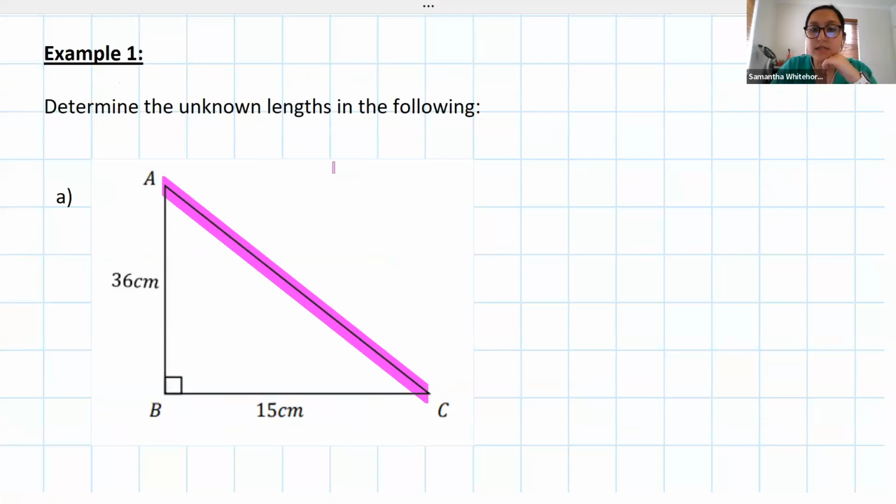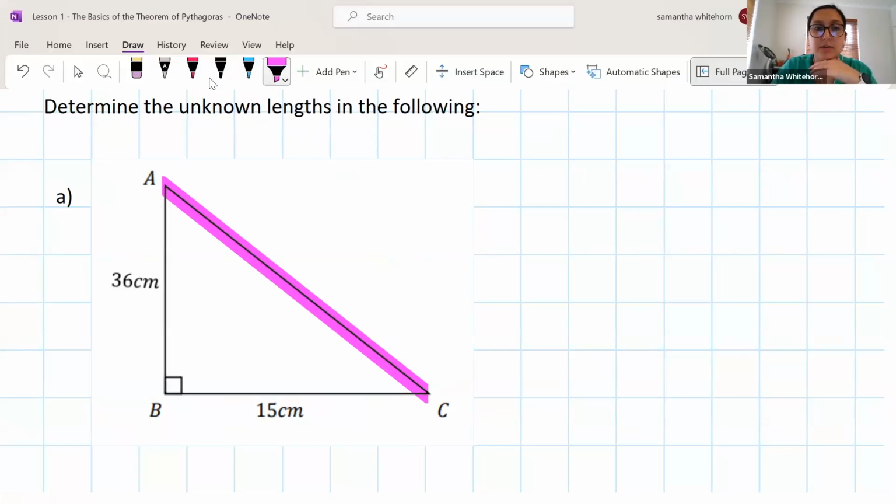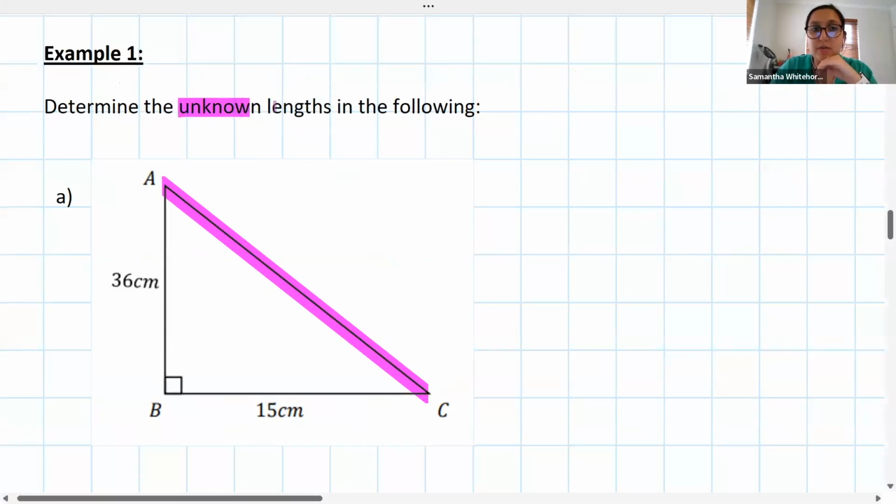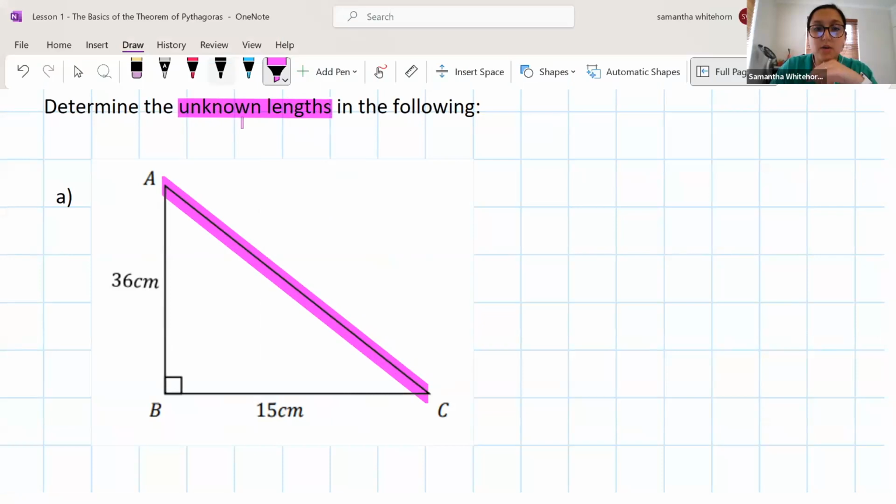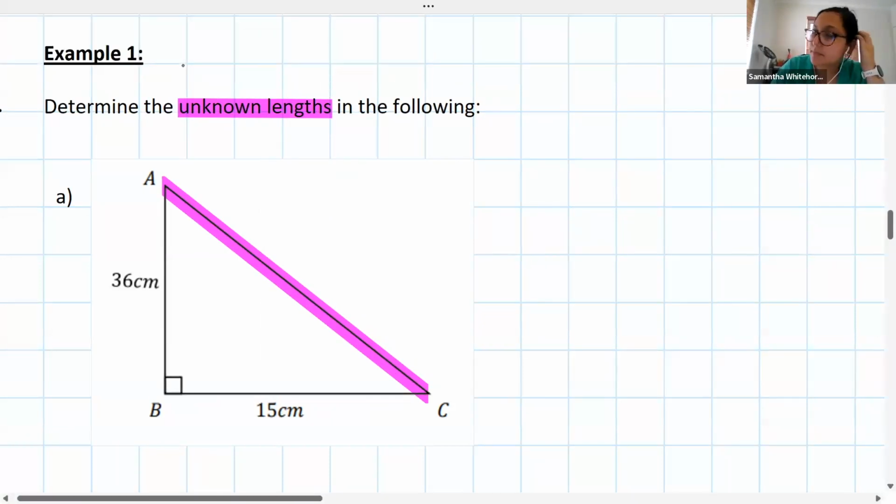Gabriela, I don't understand what it's 51 means. I'm not too sure. And if you're trying to give me an answer, just hang on for a second. We're going to get there. Like I say, all we're doing right now is we're identifying our unknown length. That's all we're doing right now, guys. We first see where's the unknown. It's the one without a measurement or a dimension on it. And we highlight that for ourselves.